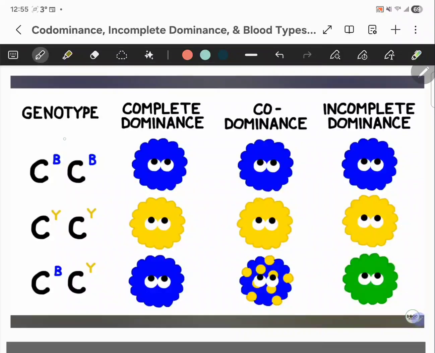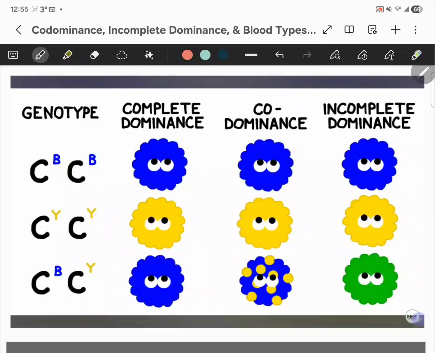So if we have two blue alleles, the phenotype is definitely going to be blue, because that's the only option. We only have the blue trait available. Similarly, if we only have the yellow trait because we are homozygous for yellow, homo meaning the same, then obviously the phenotype is going to be yellow, because that's the only option we have.